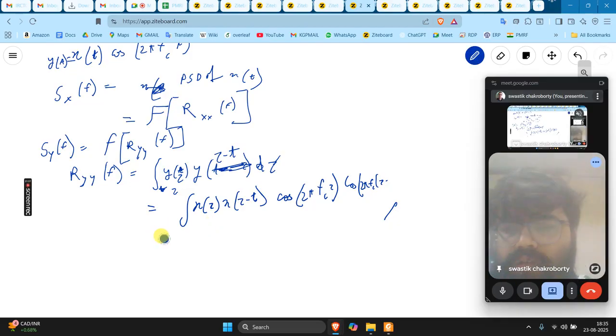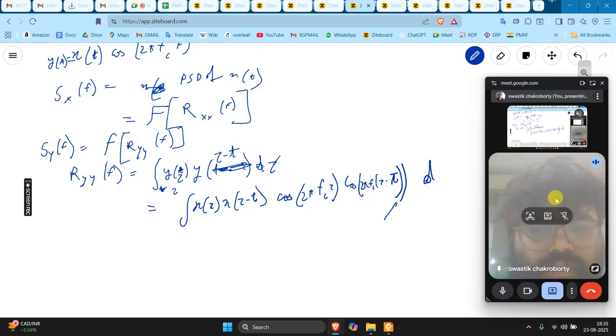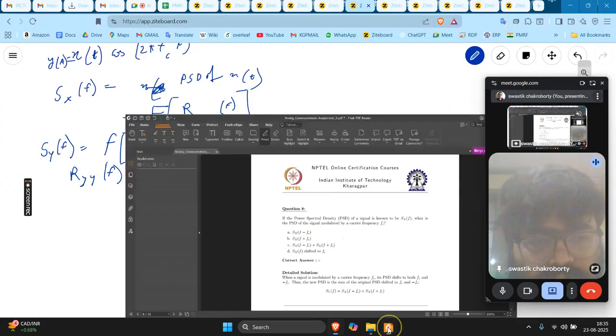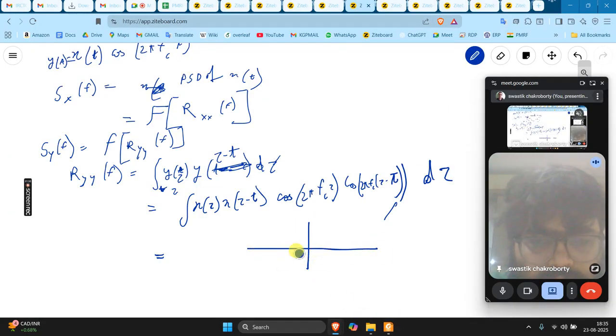Okay, so cos 2 pi fc (t minus tau). Now this ultimately will lead to shifting by both. If you take the cos function, the cos function has two spikes, one at fc and another at minus fc.